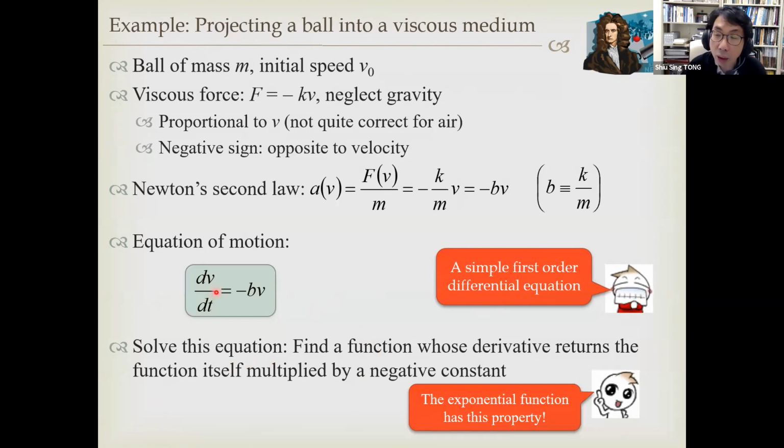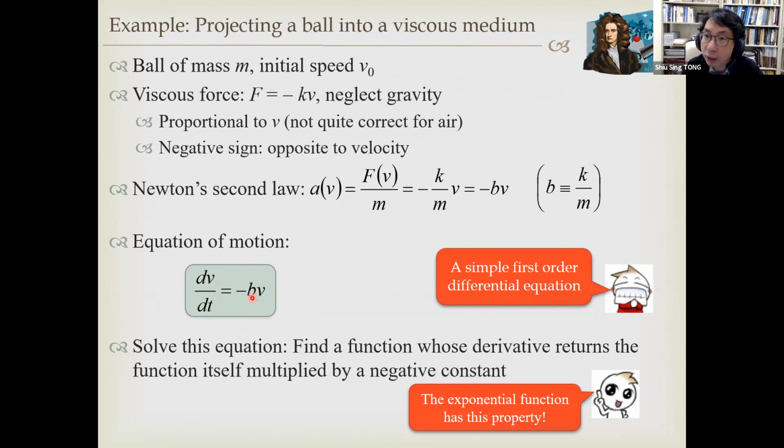Now let's take a look at what this equation means. Because you are now trying to solve a differential equation, but not an algebraic equation. For an algebraic equation, you expect to have a solution. For example, you solve a quadratic equation. You expect that the solution x is given as a number, right?